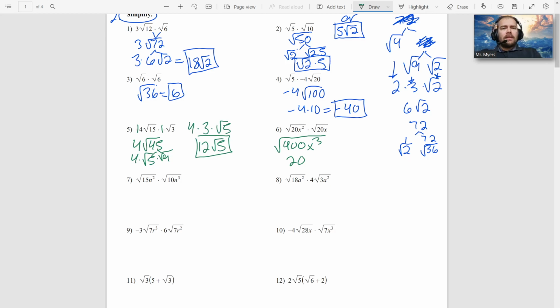What you do is you take the power and you divide the power by 2 for square roots, right? So if you're going to simplify, this is what you do. You take the power and divide by 2.